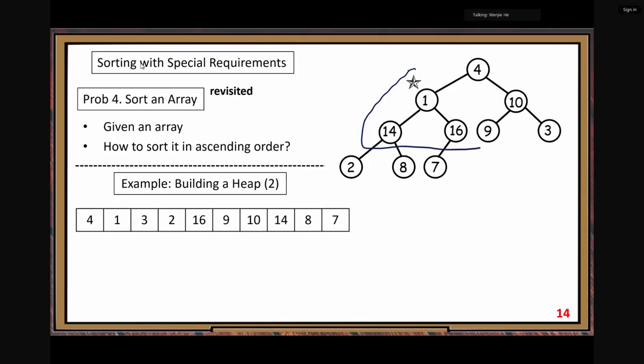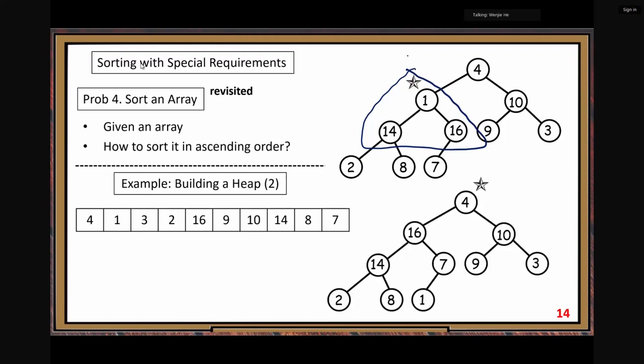You detect another violation, run local heapify on this local triangle, and fix it, because you follow that path. Then you move one level up, another triangle, another violation. You move like that, running local heapify.